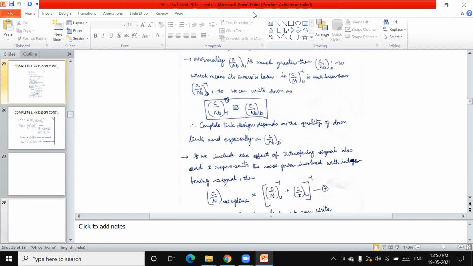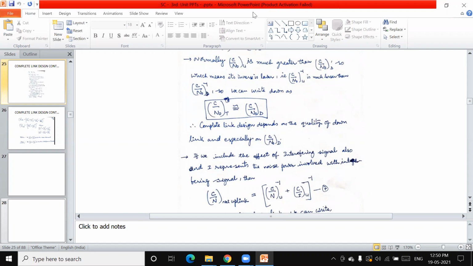Another equation you require is the downlink signal CD at the receiving earth station, which is given by PT GT GR by L. This is related to the earlier equation, and you have to substitute that.